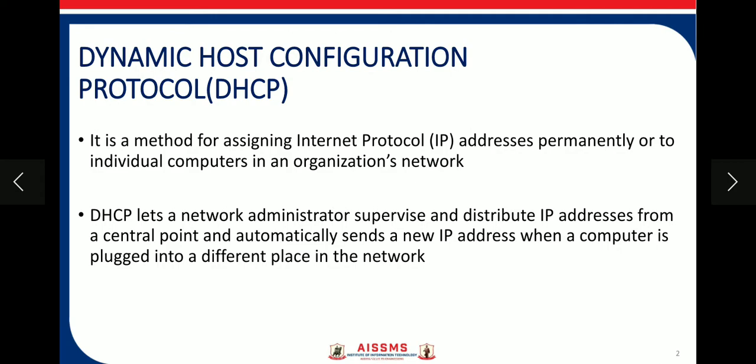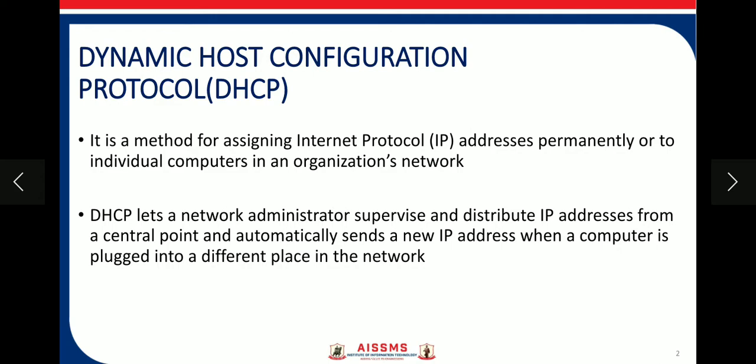DHCP was created by the Dynamic Host Configuration Working Group of the Internet Engineering Task Force in October 1993. RFC 1531 initially defined DHCP as a standard track protocol succeeding the Bootstrap protocol, which is the network protocol used by a network client to obtain an IP address from a configuration server.